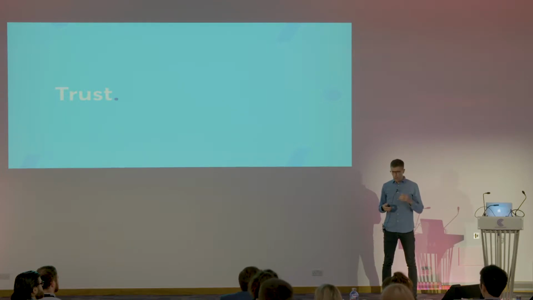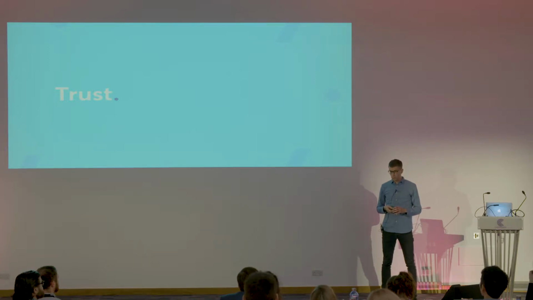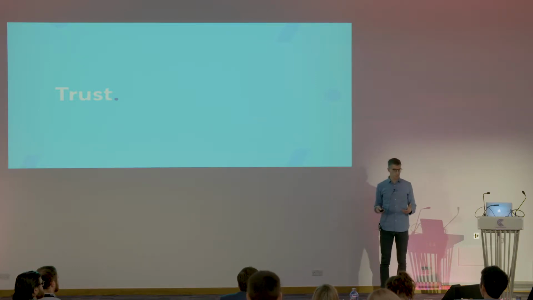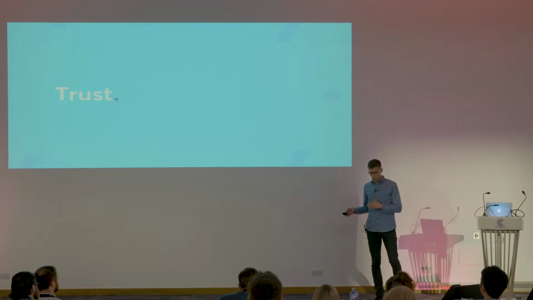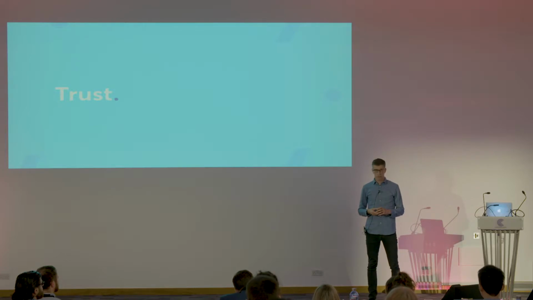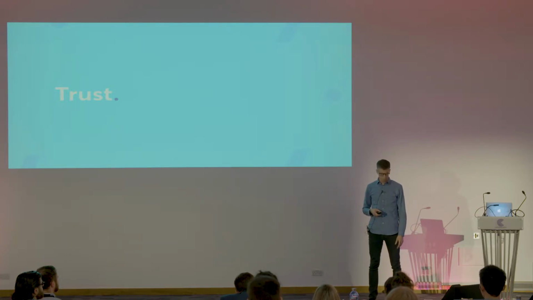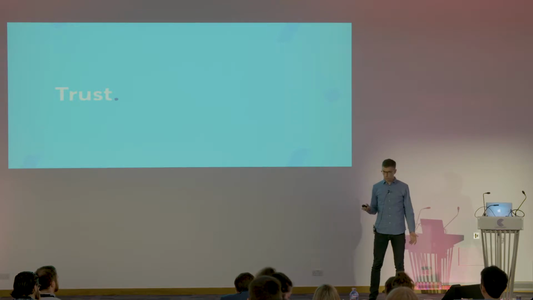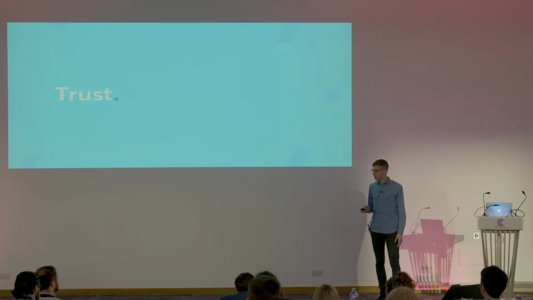So despite everything that's happened in the last 10 years, we still trust traditional banks, or we must do because we all still use them. Switching from one bank to another is still quite a rare thing, never mind abandoning a bank altogether and doing something else completely. So we must trust them.